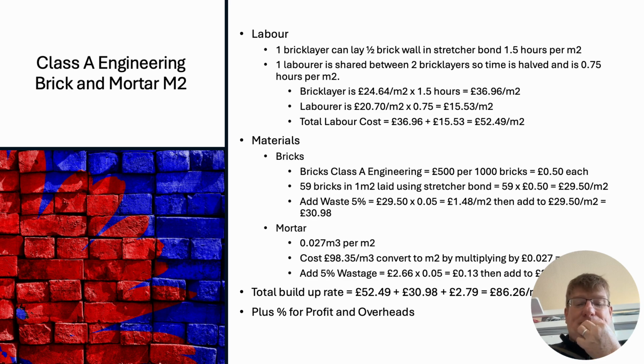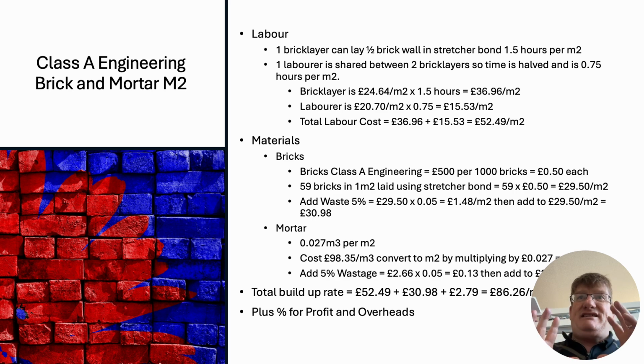So mortar, with regards to stretcher bond, one brick, half a brick thick, you require 0.027 metres cubed per metre squared. There are different ways to do it. I've done it this way to say that it's ready mixed mortar and it's come on site, and this is what they're charging you for ready mixed mortar.